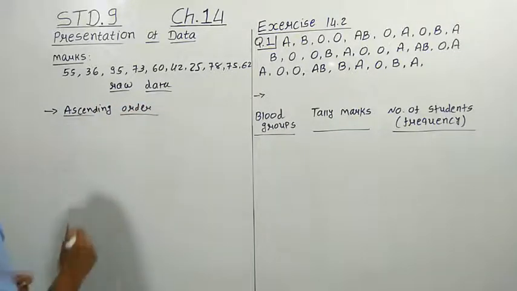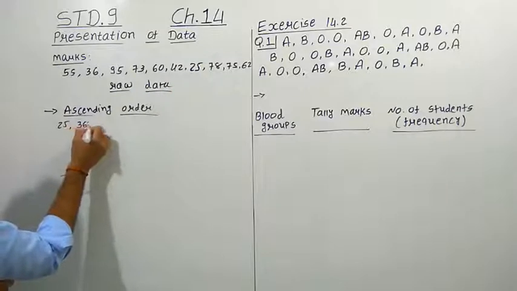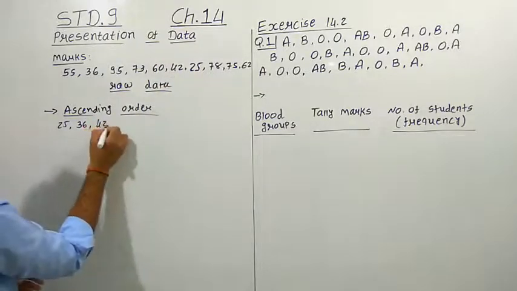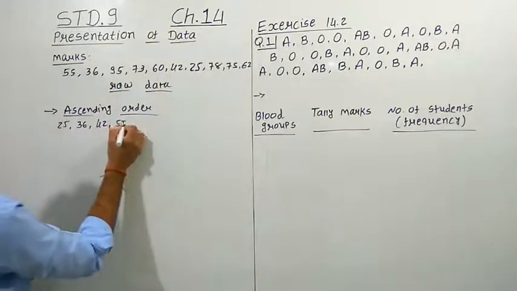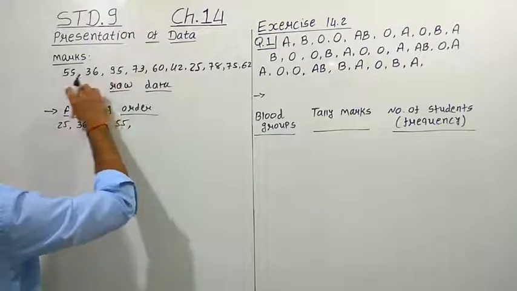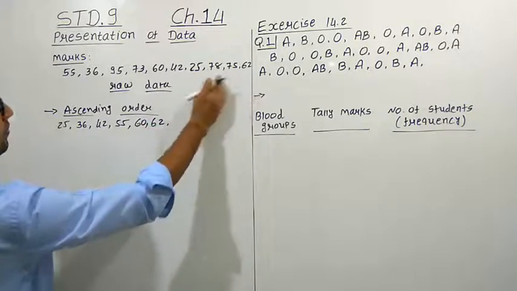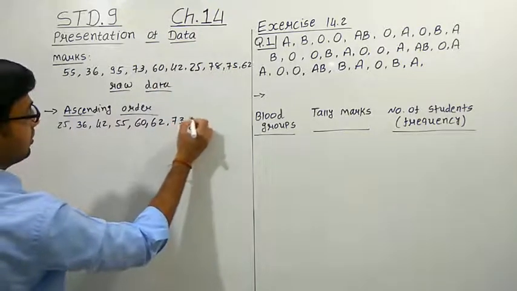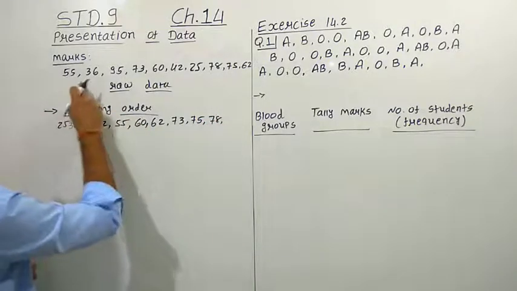First of all we have to write down the smallest number, 25, then 36, then 42, then 55, then after 55 we have 60, then 62, then 73, then 75, then 78, and then 95.